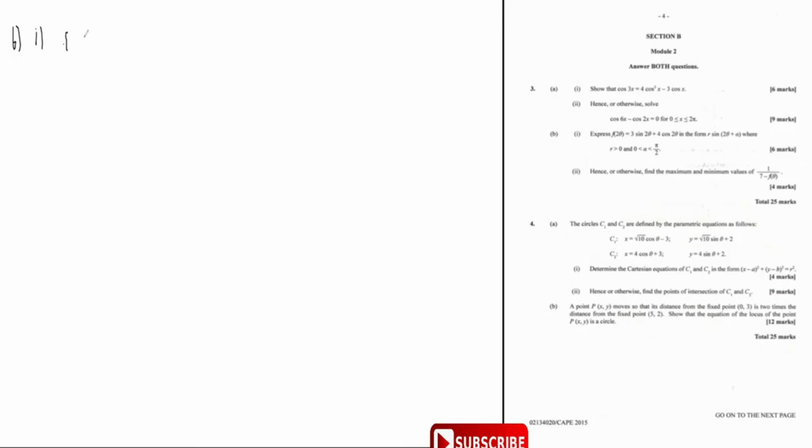So f of 2 theta is equal to 3 sine 2 theta plus 4 cos 2 theta. We need to express it in the r sine form.